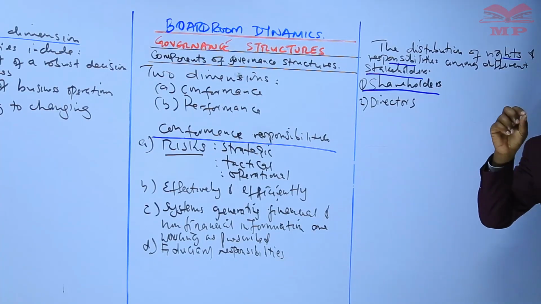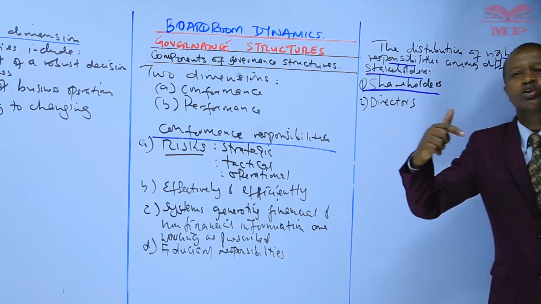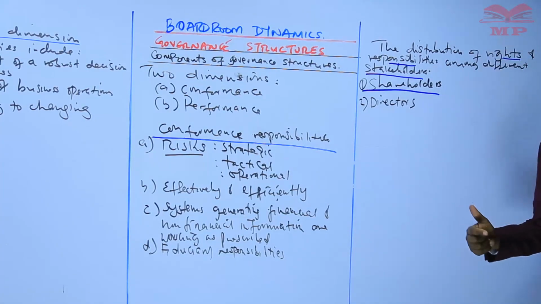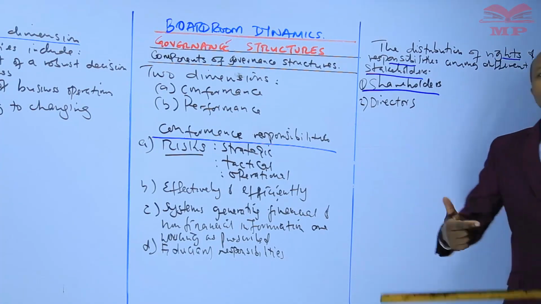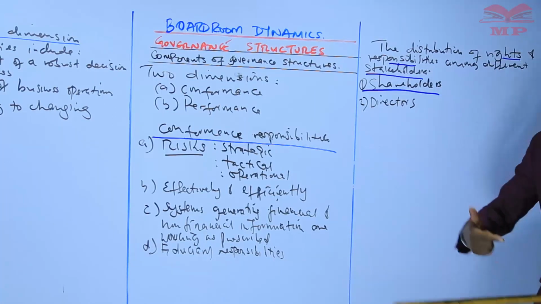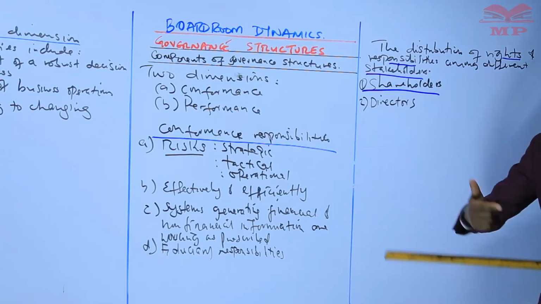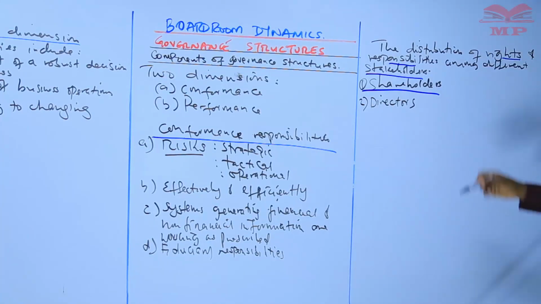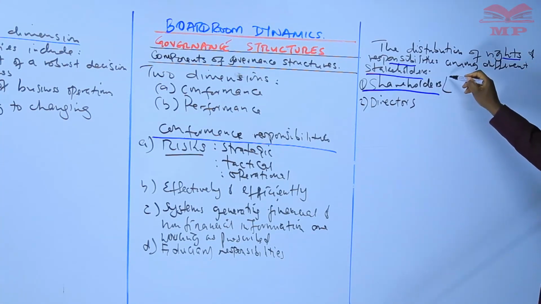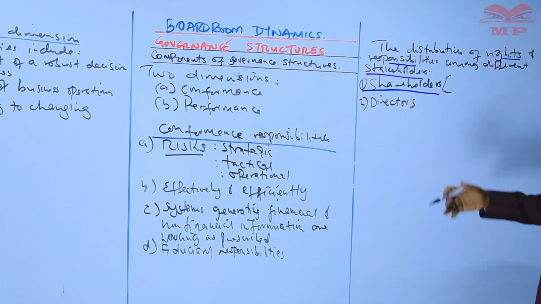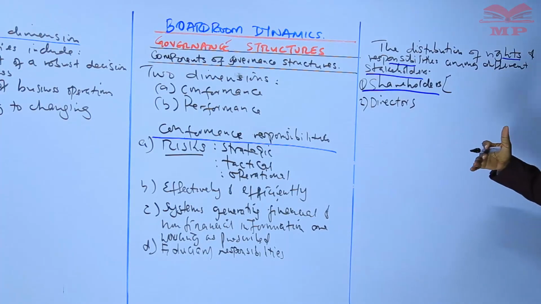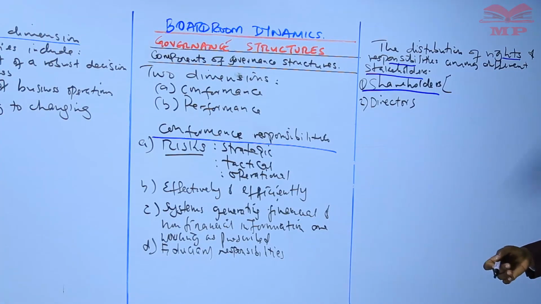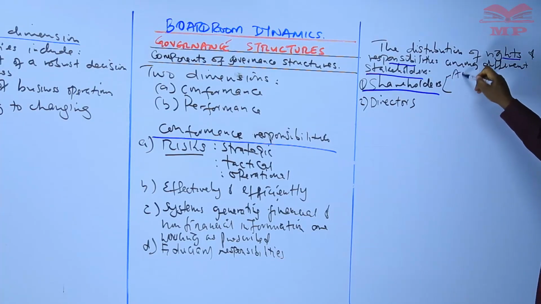Now, candidates, one of the main shareholder rights is to do what? Is to nominate the directors and define the powers of the board of directors. That's what we said here. One of the rights of a shareholder is to appoint, to dismiss.